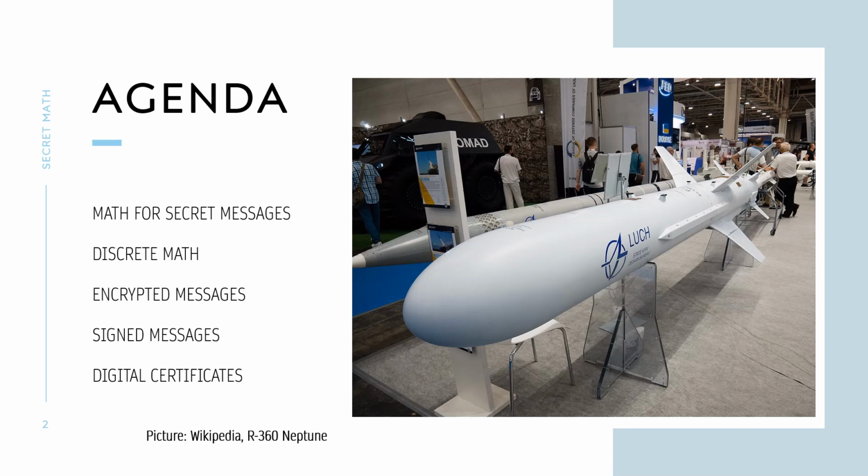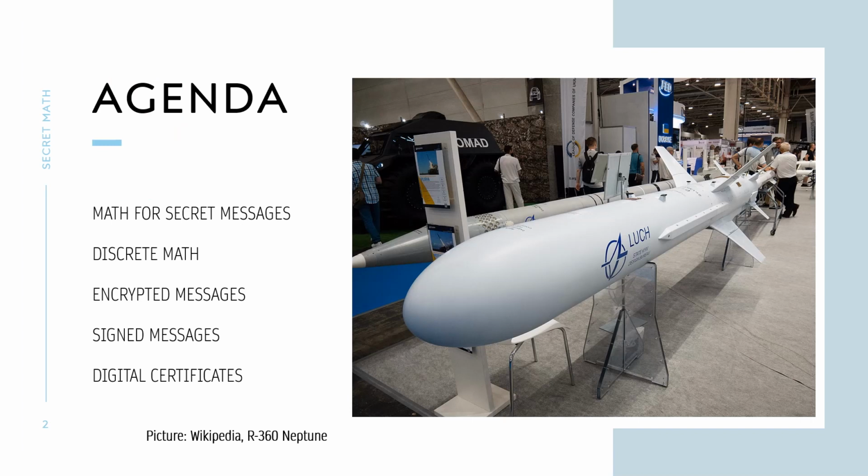So we're going to start with talking about the math that you do in order to have private conversations over a public medium. The picture you're seeing here is an unmanned underwater vehicle.